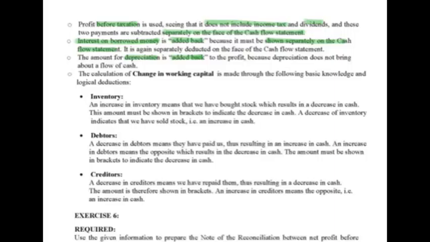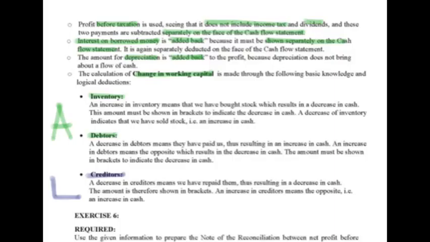Then the calculation of changes in working capital is made through the following basic knowledge and logical deductions. Firstly, inventory and debtors are both known as assets. Then I get my creditors, which is liabilities. Now, assets and liabilities are opposite of one another.